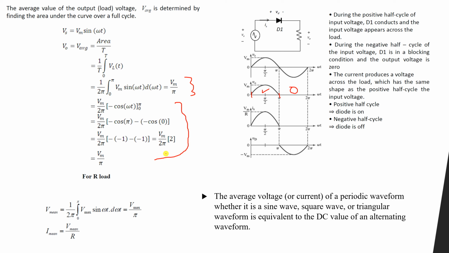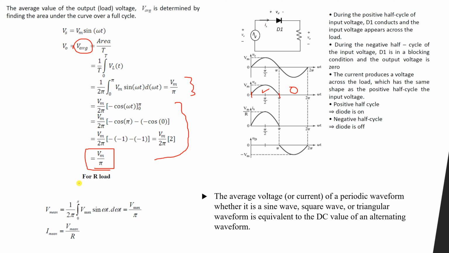This one will give us Vmax over pi after doing the mathematical steps. So what do we learn from this? That the average value, or the DC value, of the output voltage is equal to the maximum value of the supply divided by pi.